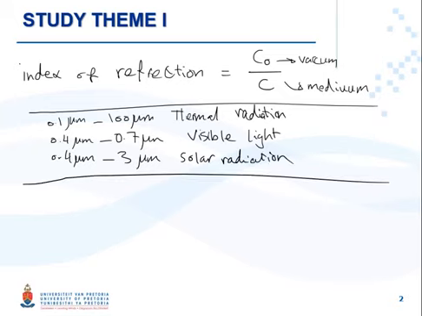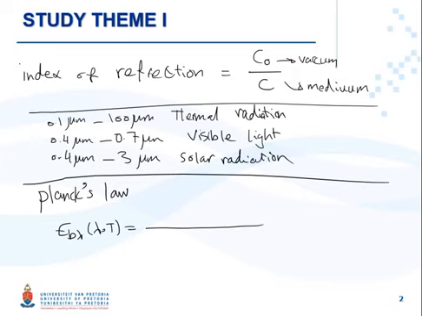We also talked about Planck's law. We said how we are going to calculate the spectral blackbody emissive power, E_b lambda, which is a function of lambda and T, wavelength and temperature, because of the nature of radiation: C1 divided by lambda^5 times e to the power of C2 over lambda T minus 1.